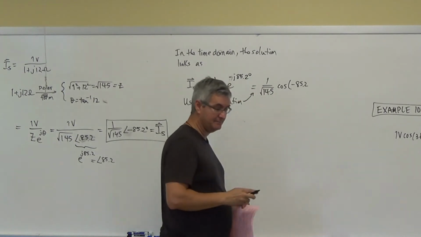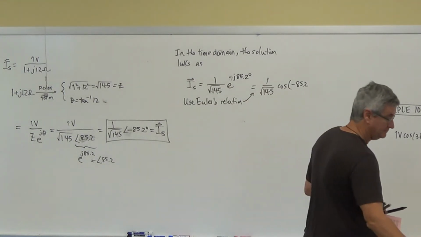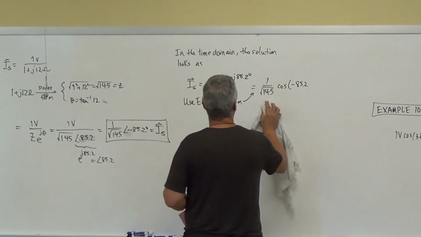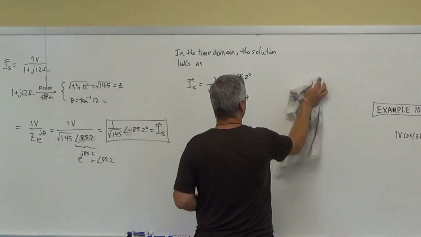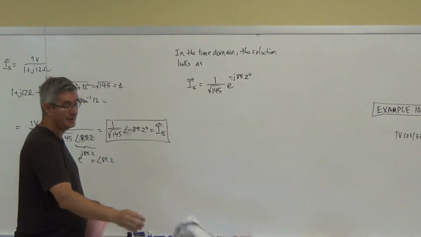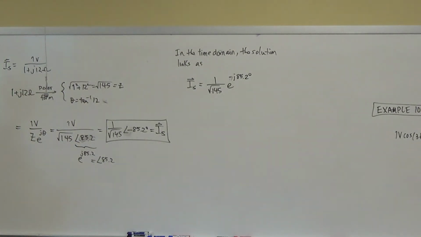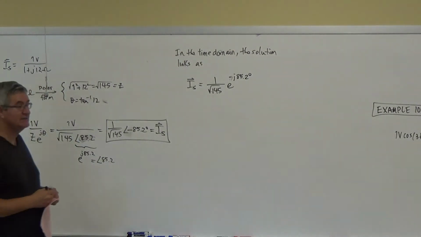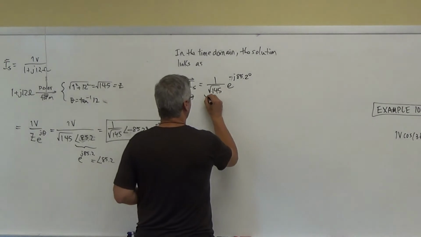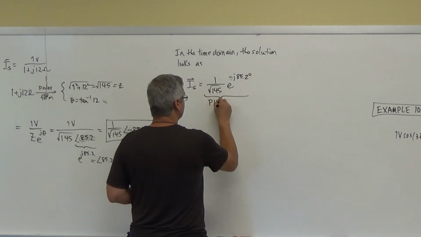Oh, I did something. I have to come back. I can't use Euler's relationship. Let me tell you why. This is our phasor solution. Okay? This is our phasor solution.